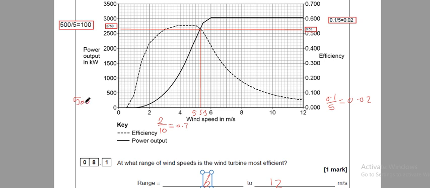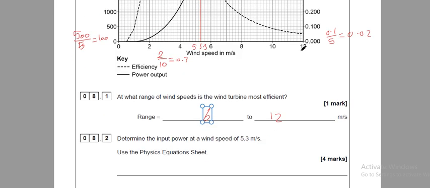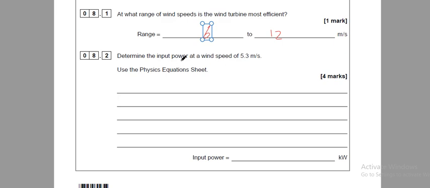So 500 over 5 gives 100 per small square. So above 2500 by 1.5 small squares will be 2750. Okay, so here we got output power and efficiency, and what is needed is the input power.